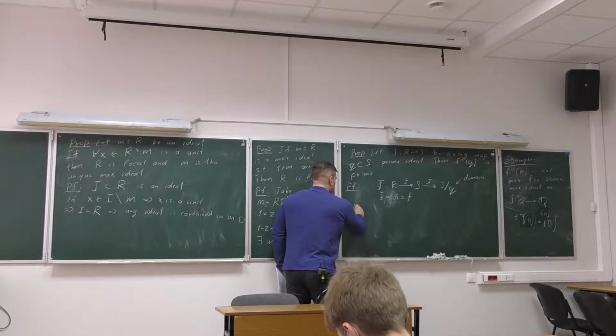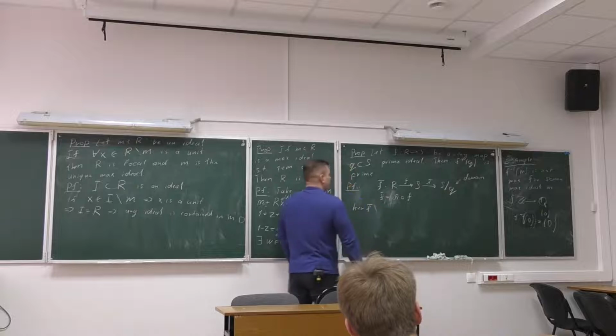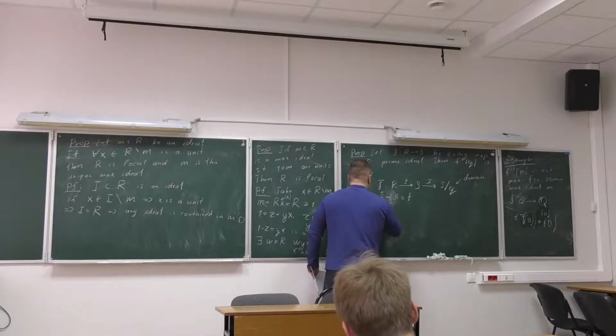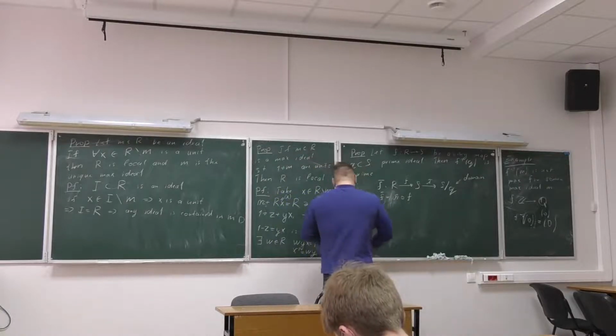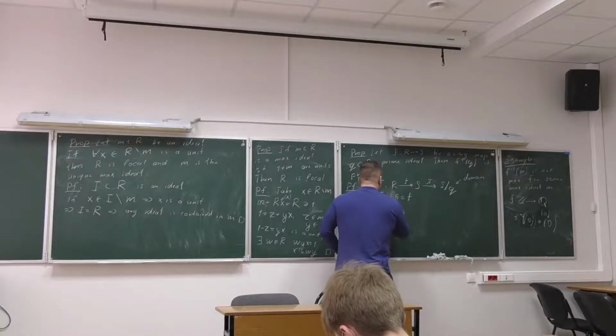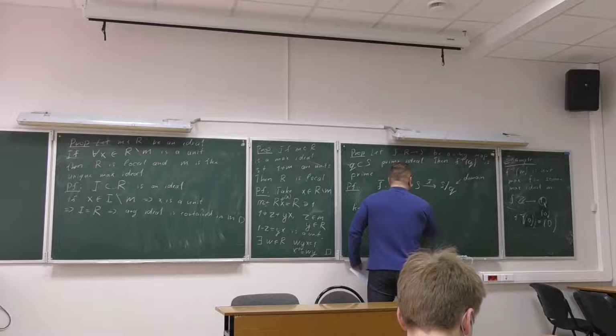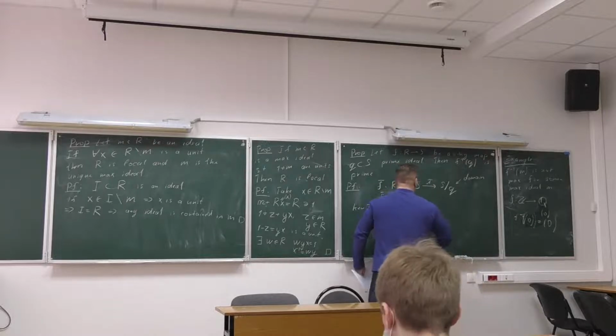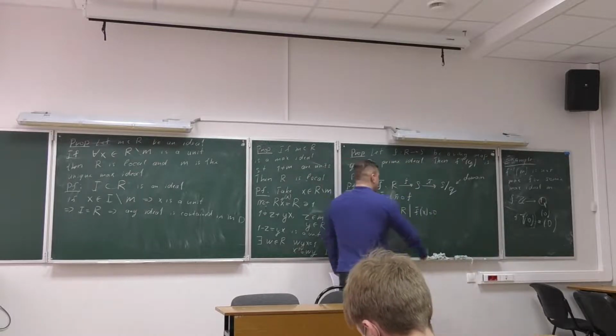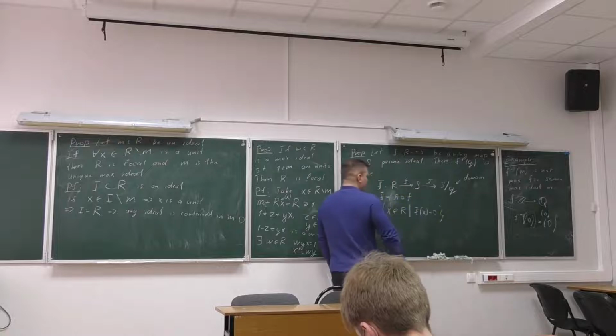Now what's the kernel of F bar? Well, we can compute this essentially by definition. The kernel of F bar are all elements X in the ring R such that F bar of X is equal to 0. But notice that this is 0 in the quotient ring.